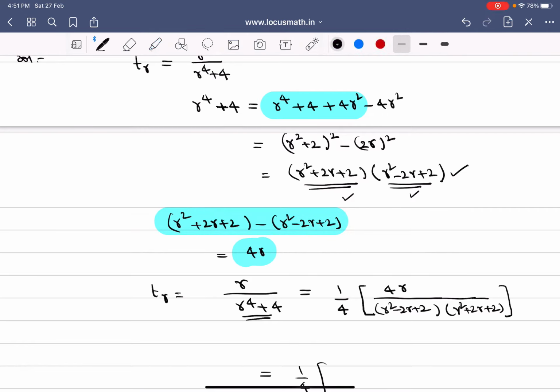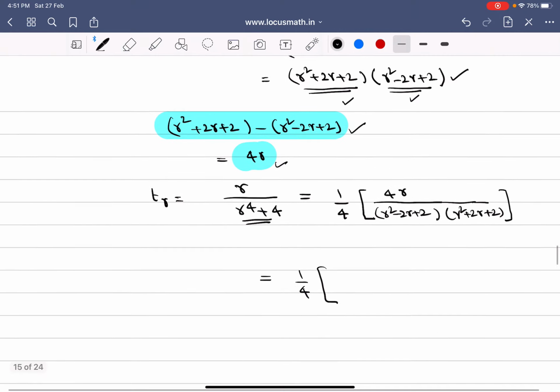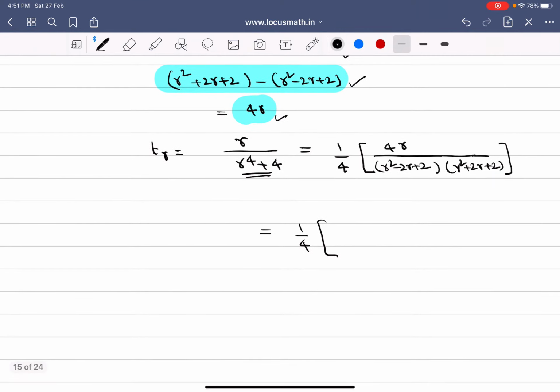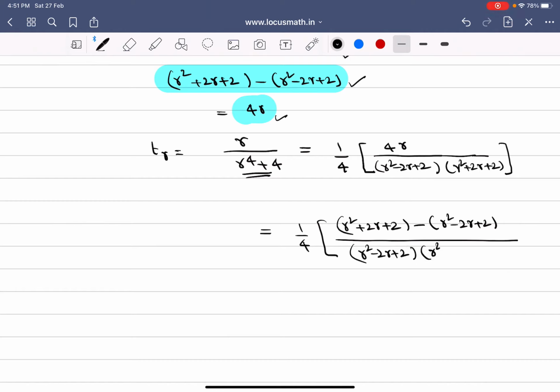So replace 4r with this difference, that is, 4r can be written as (r square plus 2r plus 2) minus (r square minus 2r plus 2), over (r square minus 2r plus 2) into (r square plus 2r plus 2).